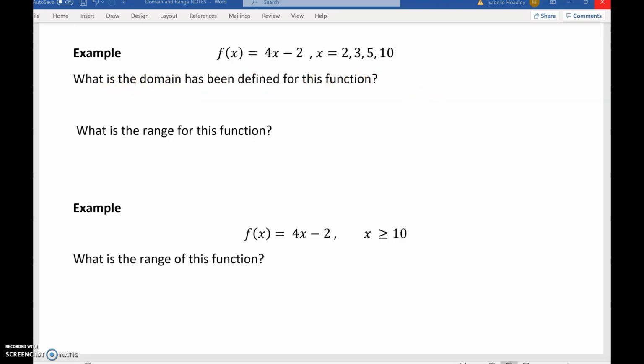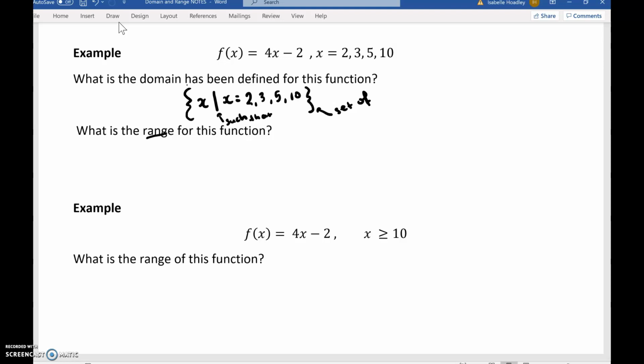We would say that the domain is the set of, and these are special brackets for sets, the set of x, where x is equal to 2, 3, 5, and 10. These brackets stand for the set of. This little line stands for such that. So it's the set of x such that x is equal to 2, 3, 5, and 10.